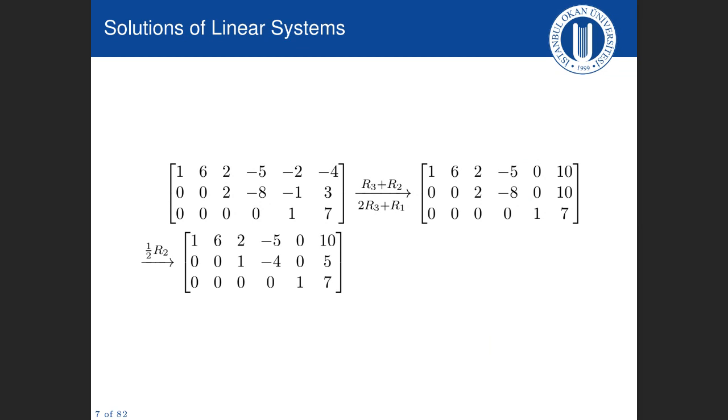Multiply row 2 by half, that gives me my 1, and then the next step is to get rid of the 2 here. 2 multiplied by 2 times 1 will give 0. So we're going to do row 1 minus 2 times row 2. Or minus 2 row 2 plus row 1 will be the new row 1.